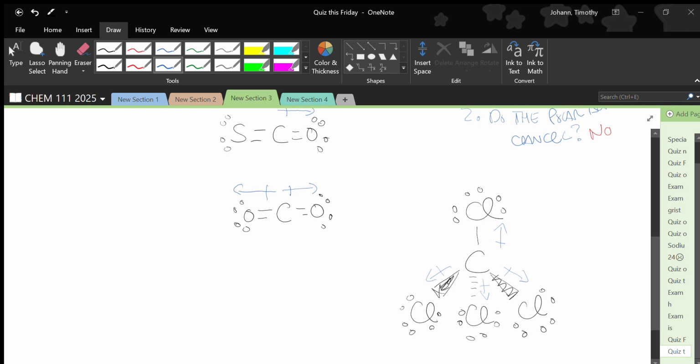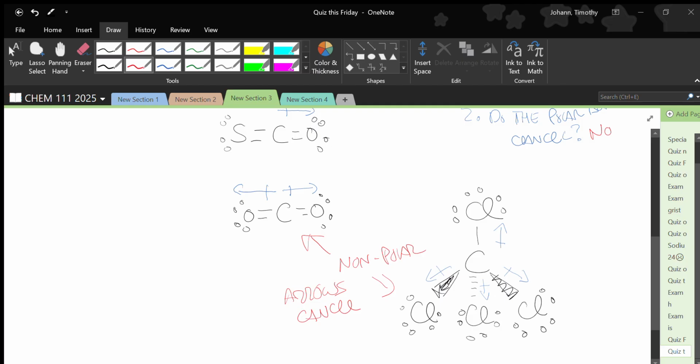It sort of is, but it's a heavy math problem. Does that make sense? So that is nonpolar. The arrows cancel, and the arrows represent the polarity.